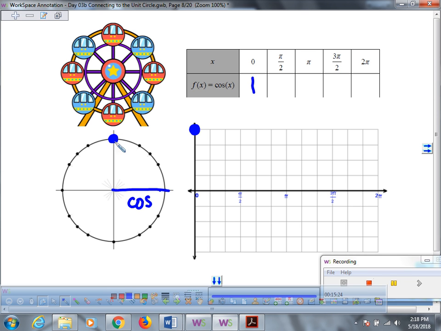What's my x value? 0. Making more sense now? If I'm at pi, that's -1. And 3 pi over 2? 0 again. And 2 pi? 1. It's just switched.